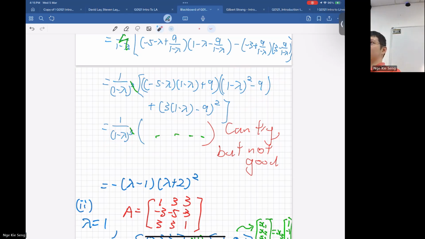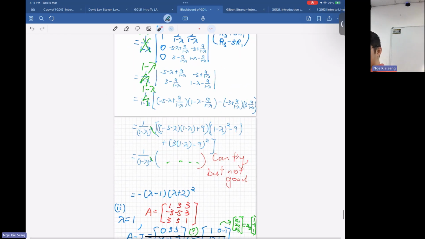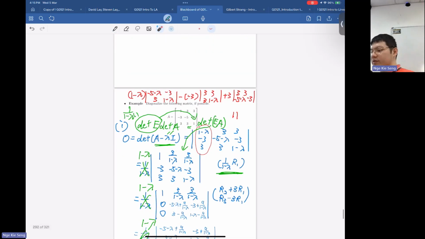Any questions so far? Okay. If you don't like this method, you can also straight away do your cofactor expansion. Some of you use the 3 by 3 matrix definition. You can learn it, but try not to use it in your exam.